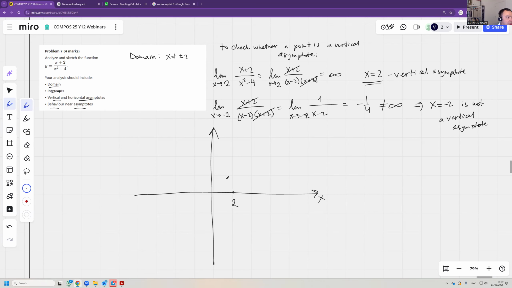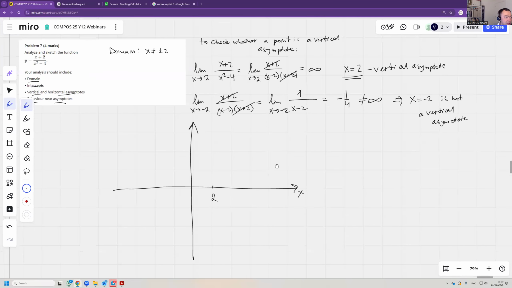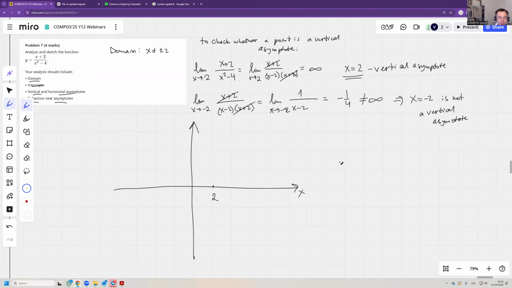Horizontal asymptotes. So intercepts. If x is 0, then y is -1/2. So that's the point (0, -1/2).